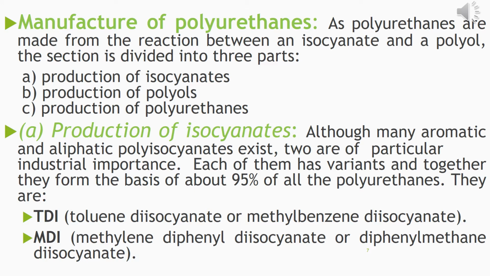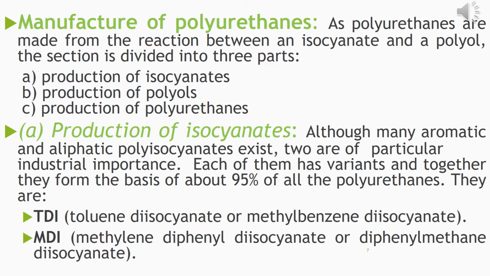So diisocyanates are of particular importance here. When it is toluene diisocyanate, it is TDI, and when it is methylene diphenyl diisocyanate, it is MDI. The other name of MDI is diphenyl methane diisocyanate. We shall go through the structures on the next slides.